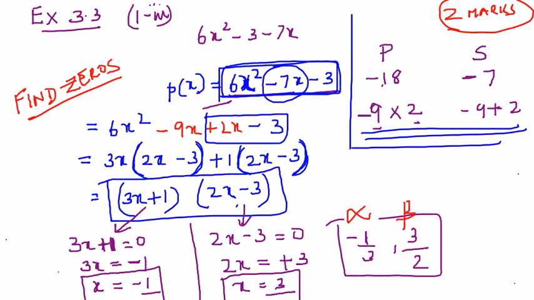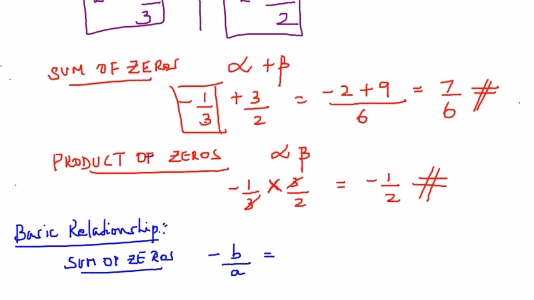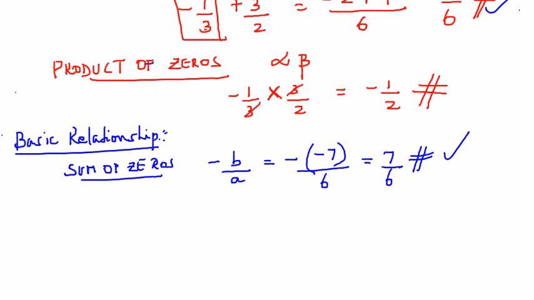So it is minus 7 by 6. There's already a minus here, so minus 7 by 6. So the pota ungalku 7 by 6 varudhu. And here also you had 7 by 6, here also you had 7 by 6. So it's verified. Now let's verify for the product of zeros.